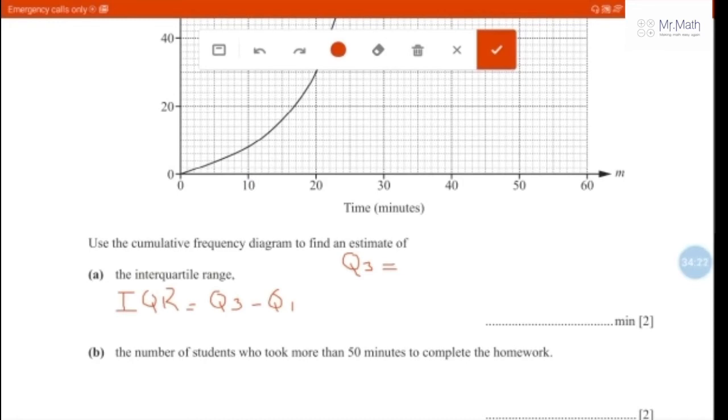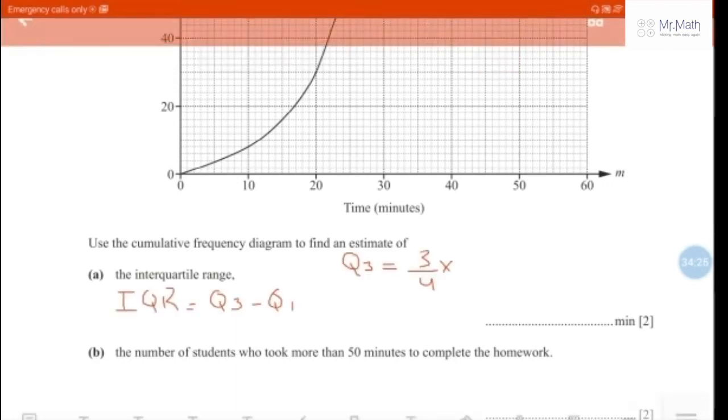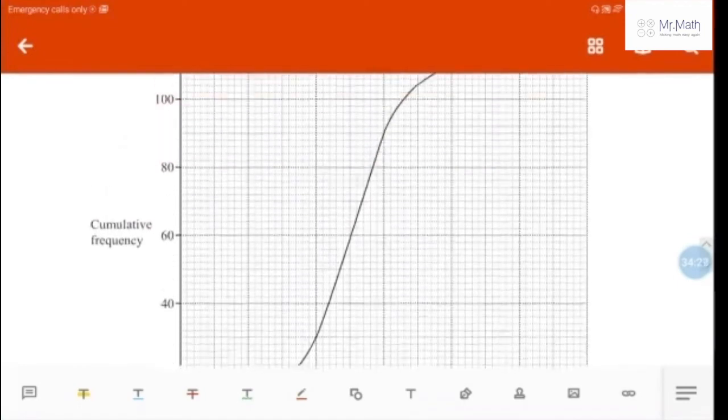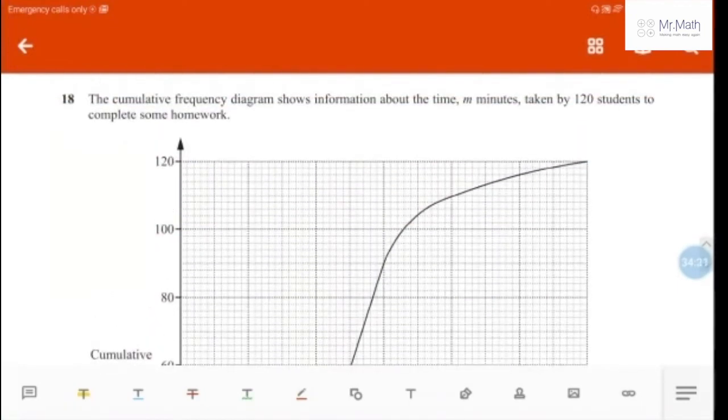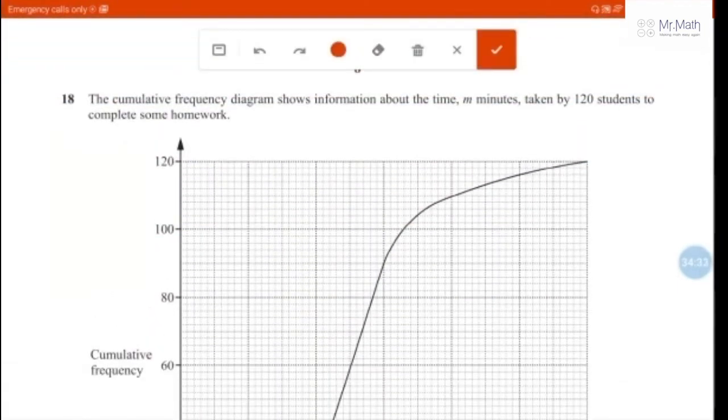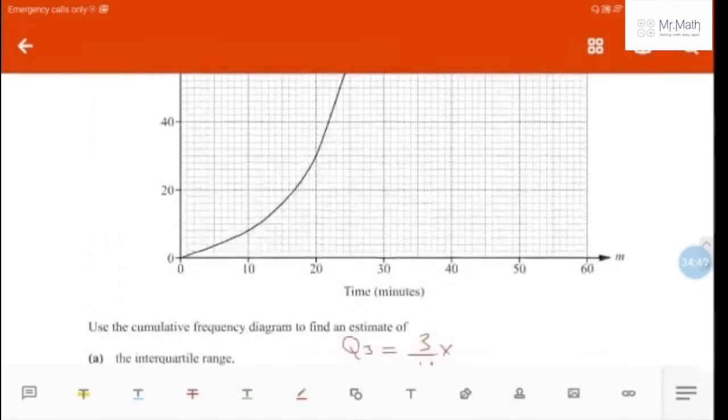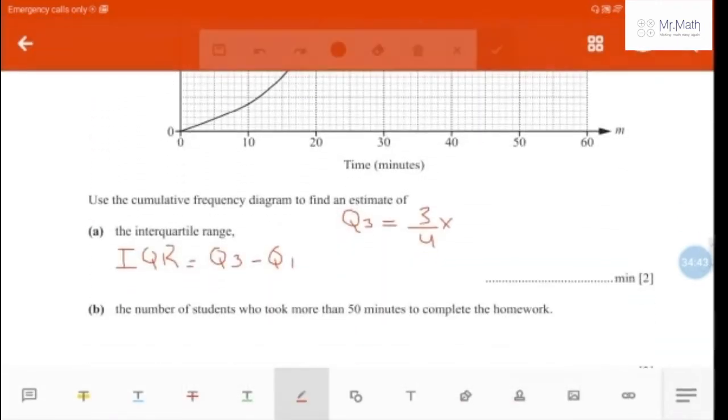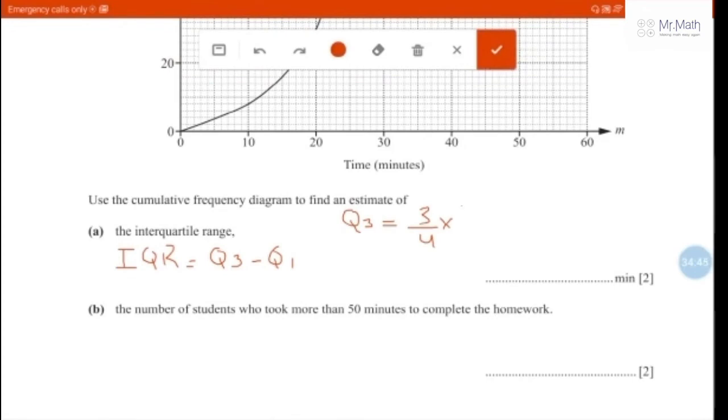So it is 3 over 4 times the total frequency, and the total frequency, back to the diagram, is equal to, the last point over here, so I go to the y-axis and take a reading, so it's 120. So the total frequency is 120, so 3 over 4 times 120, the answer is 90.